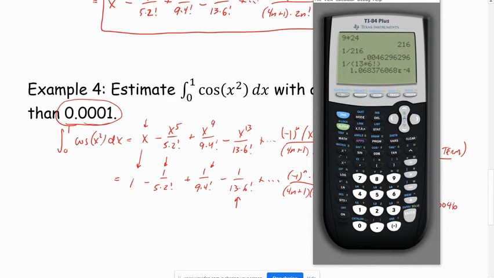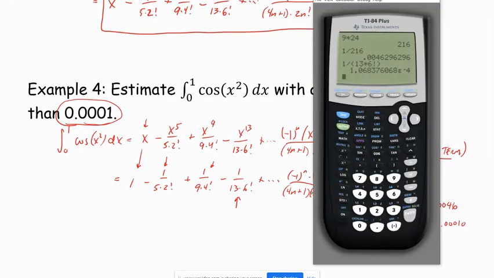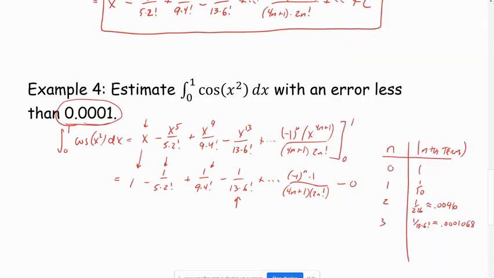That is 1.068 times 10 to the negative 4th. One divided by 13 times 6 factorial, we said is about 0.001068. And so that is not quite small enough. Looks like we're going to need to go one more.